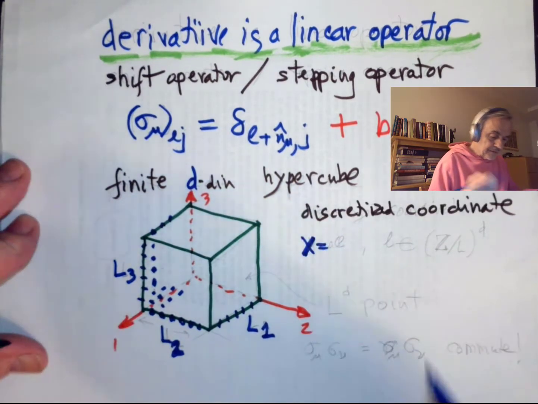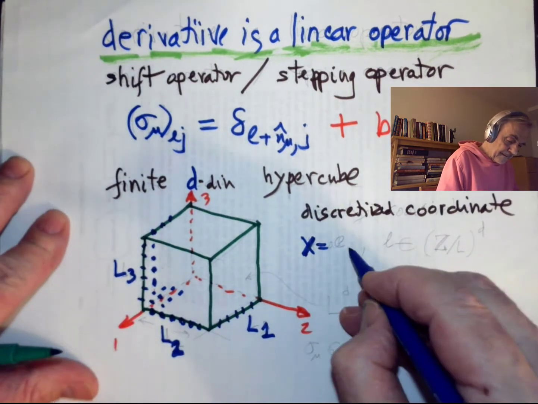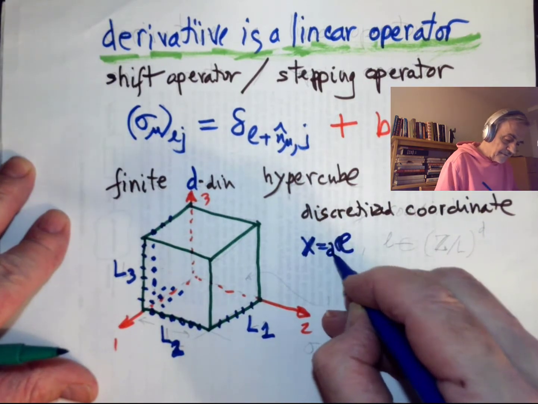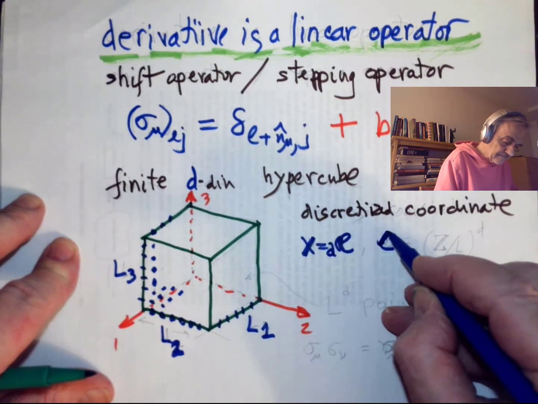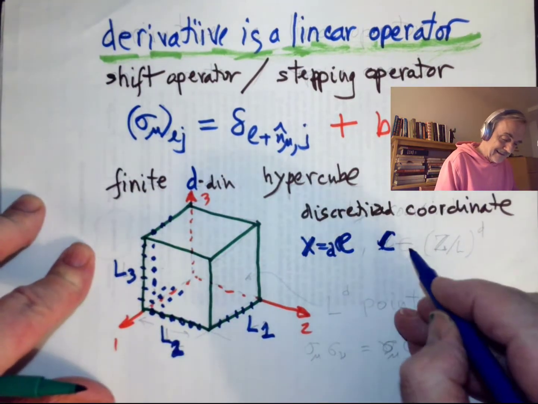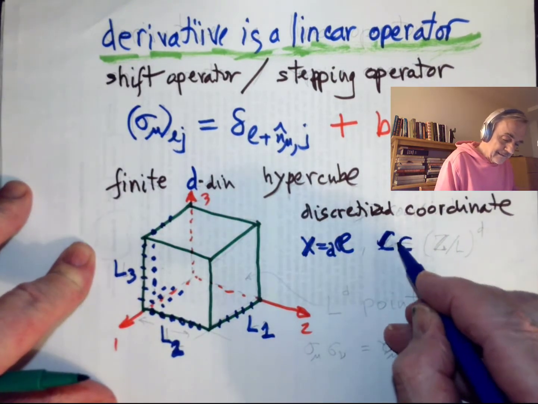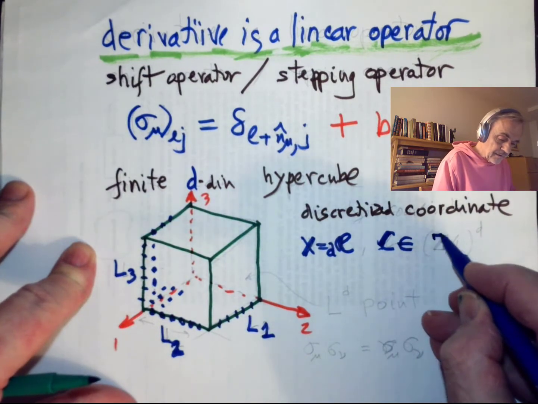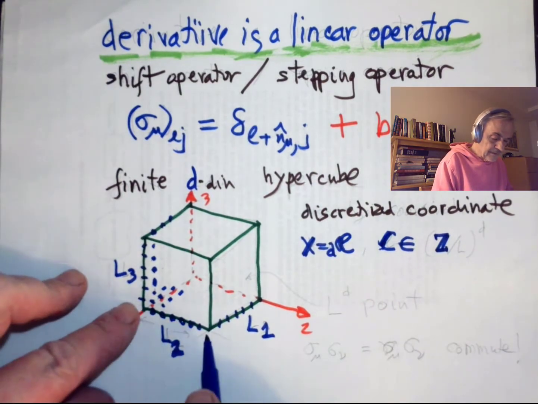So the d-dimensional vector is actually an L integer vector times the lattice spacing, where this L has entries in it which are integers, but there's a finite number between 0 and L minus 1.